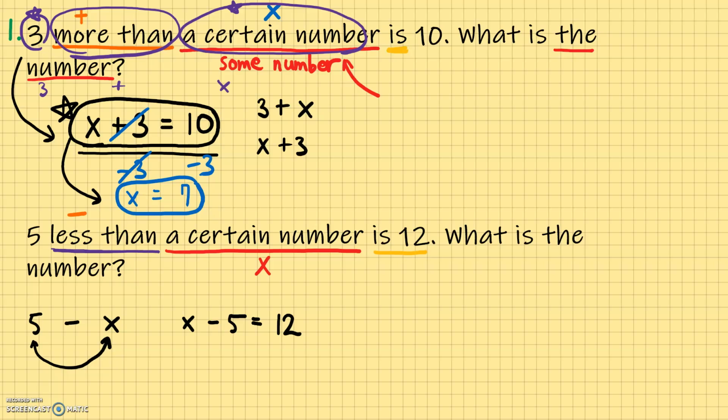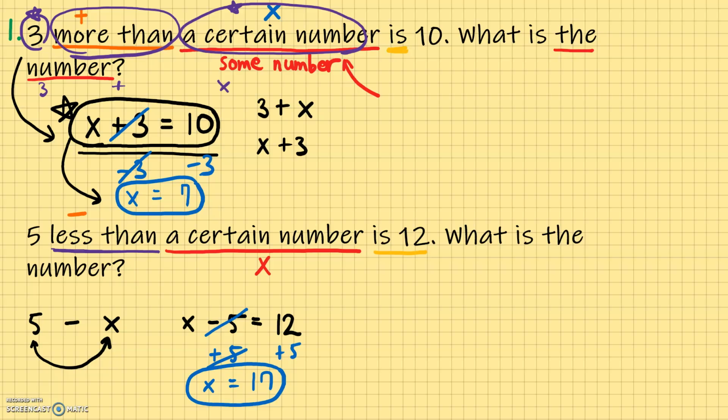So x minus 5 equals 12. What is the number? You just solve for x here. You add 5 to both sides. So x equals 12 plus 5, which is 17. So that will be our answer.